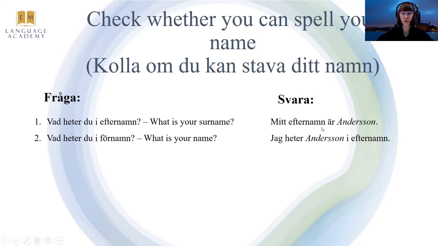So what we can do is use two different verbs. That is the verb to be, my surname is Andersson. Or we might use the verb to be called. Jag heter Andersson i efternamn. I am called Andersson in my surname, if you would like to have a word-for-word translation. Right? So two possible ways.